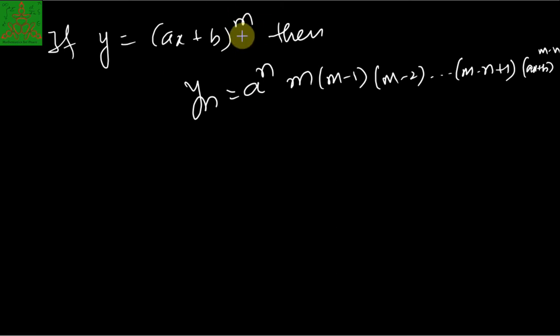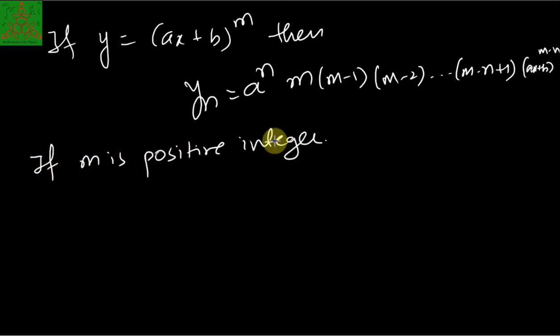If m is any real number, then we can express in this fashion. But what will happen if m is a positive integer? Positive integer means it is a natural number. Then what is the nth derivative of y?